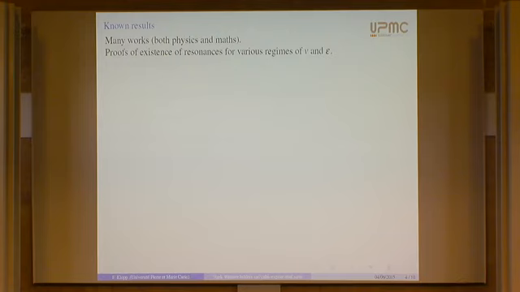There are proofs of existence of resonances. So people proved that you actually have some resonances. Of course, once you have one, you have a whole ladder. But they didn't get a complete picture of what these resonances are. And this was done not only in one dimension, but also in higher dimensions. And one of the questions was how to determine the ladders.